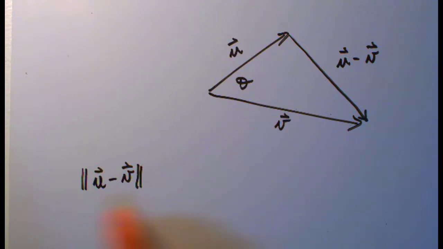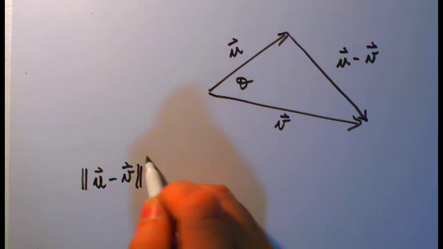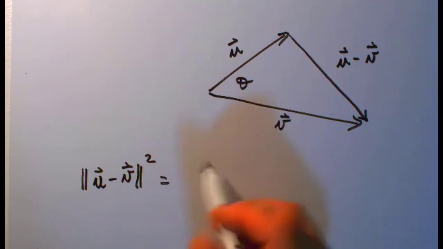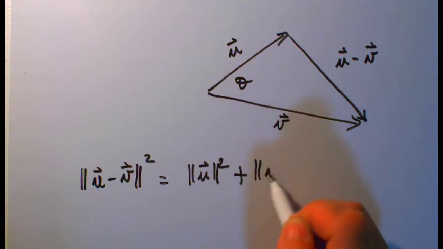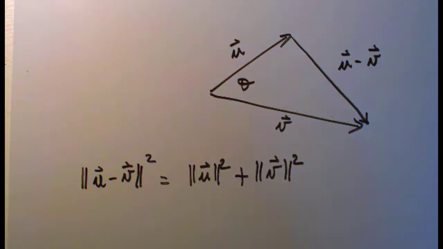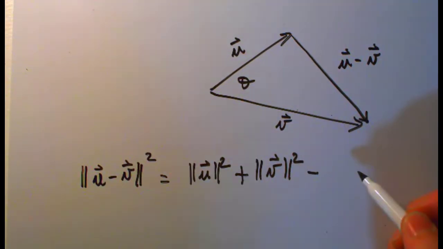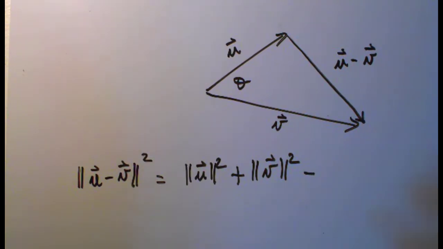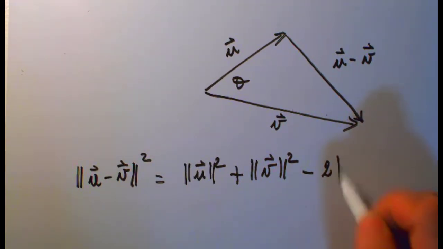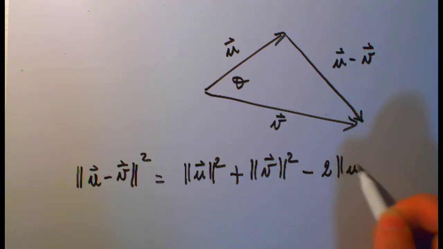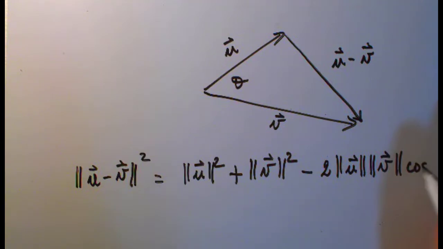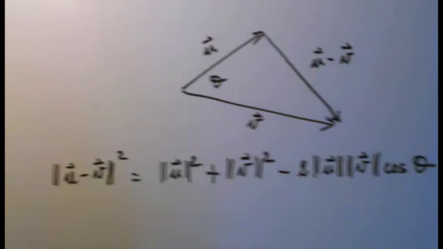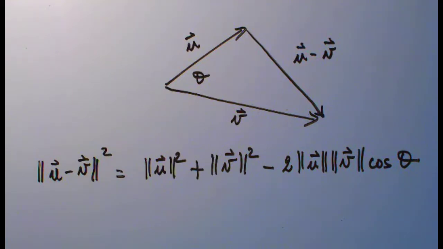The law of cosines says the length of that vector u minus v squared must equal the sum of the length of u squared plus the length of v squared, minus, and here's what I hope many people still remember, 2 times the length of u times the length of v times the cosine of theta. That's what we bring in from trigonometry.